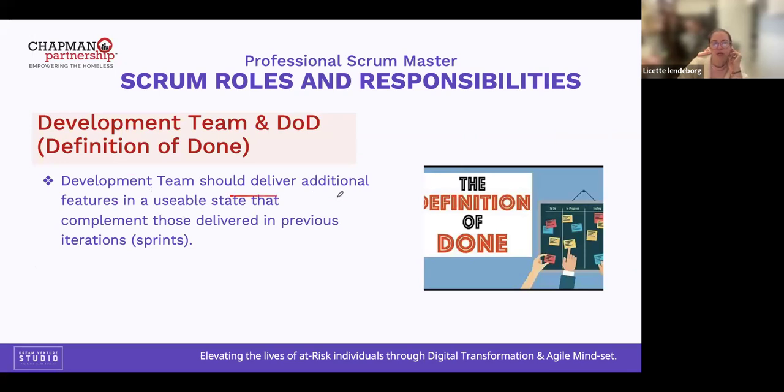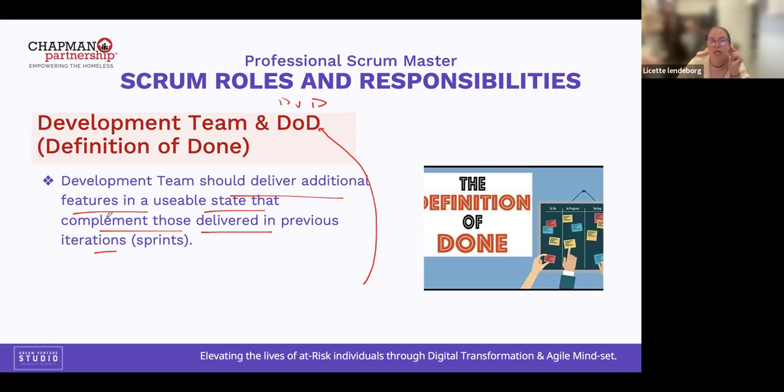The development team should deliver additional features in a usable state that complement those delivered in the previous iterations. What is this? This is the definition of done. So the increment must follow or comply with the definition of done.